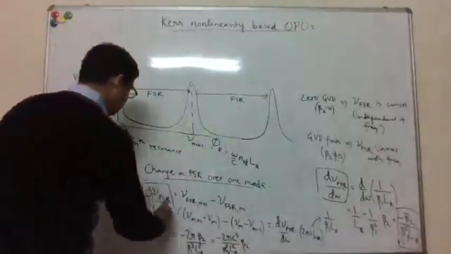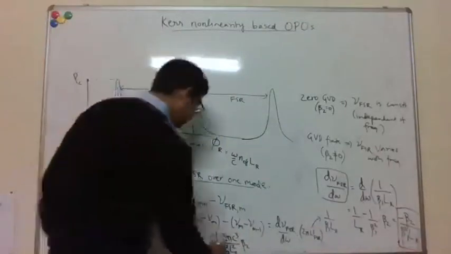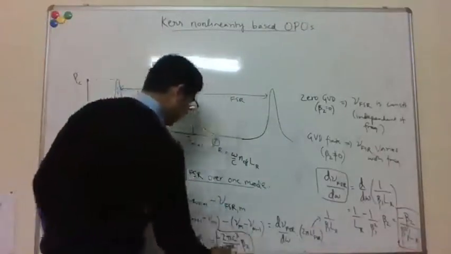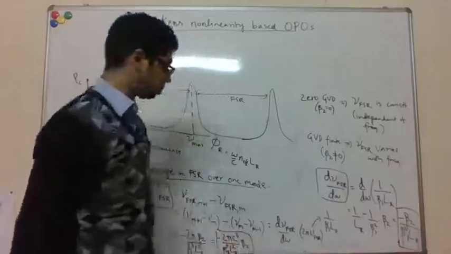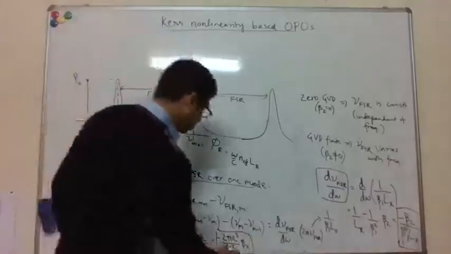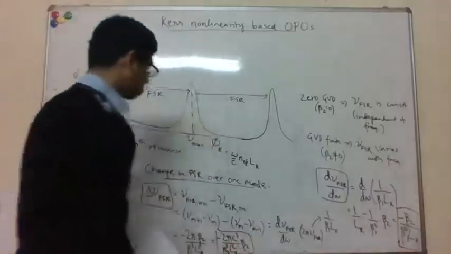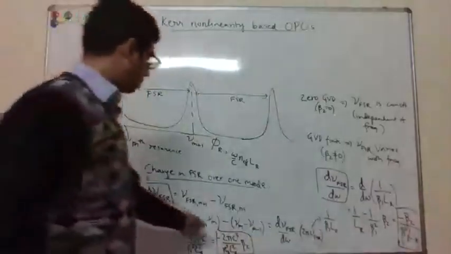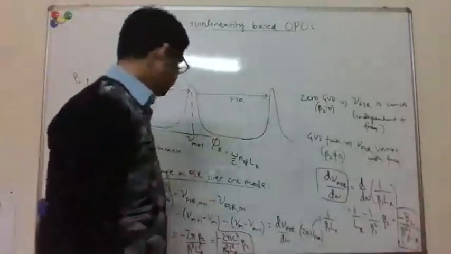So basically you can see how much the FSR changes is again proportional to beta 2. Depending on the sign of beta 2, it's either positive or negative.